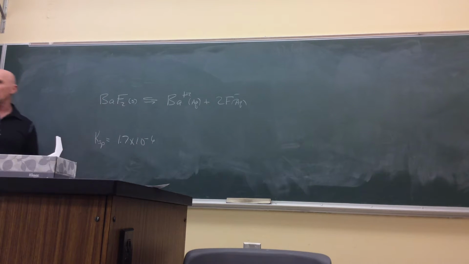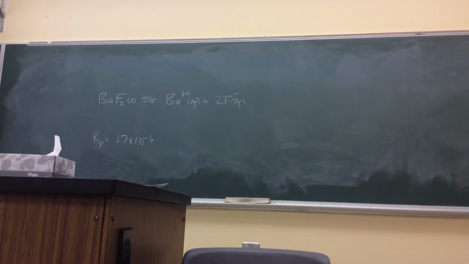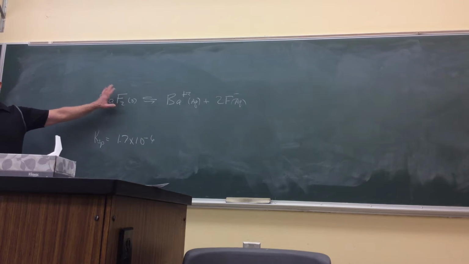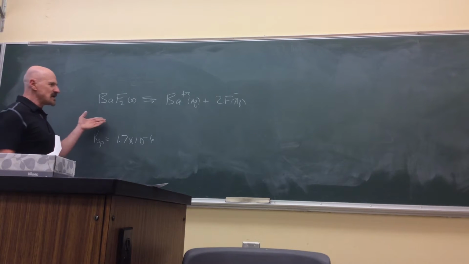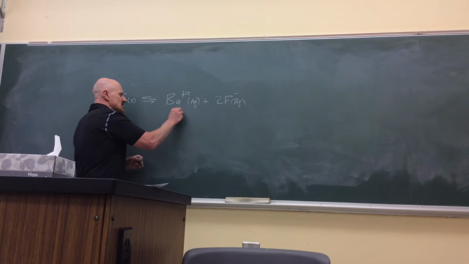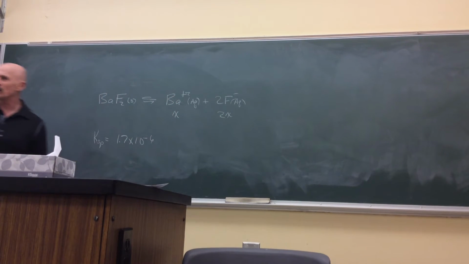Okay? All right, so I'm going to take you back to your general chemistry and do equilibrium solubility problems. When you had done this way back when you were little, you took the solid, you put it in solution, you let it come to equilibrium, and then you drew an ice diagram to begin with. So in an ice diagram, you said, well, I'll produce X amount of this, I'll produce 2X amount of this, and then you put it in the constant.